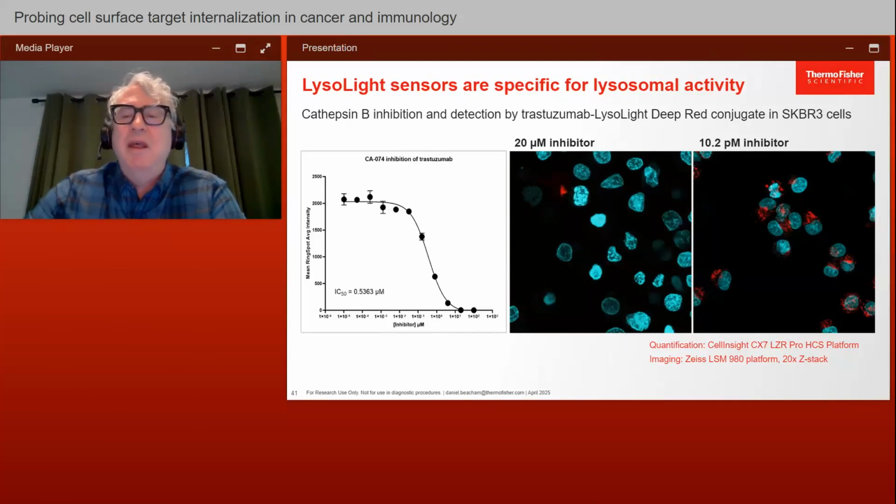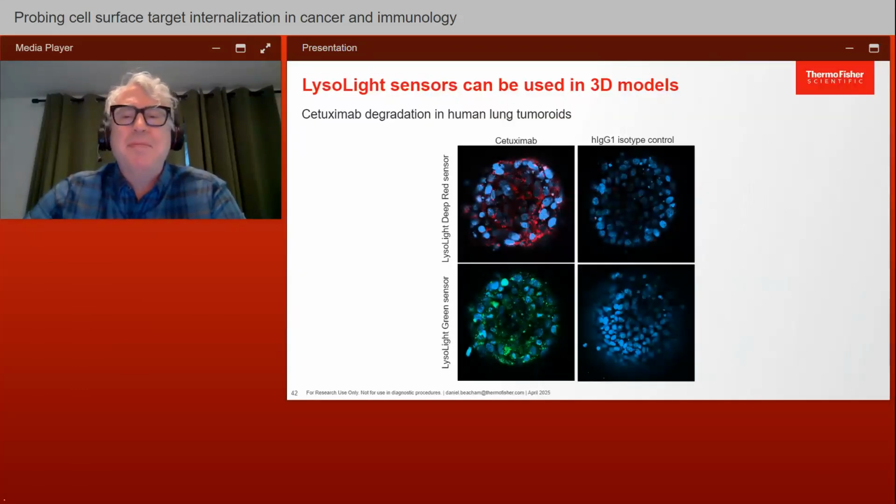And so the CA74 inhibitor here is something we use to titrate onto cells and quantify the uptake. These pretty pictures are actually by way of a confocal microscope, just to highlight the location and proximity of these endosomes to the nucleus. But you can show in a dose-dependent way that you can inhibit cathepsin and see inhibition of the signal.